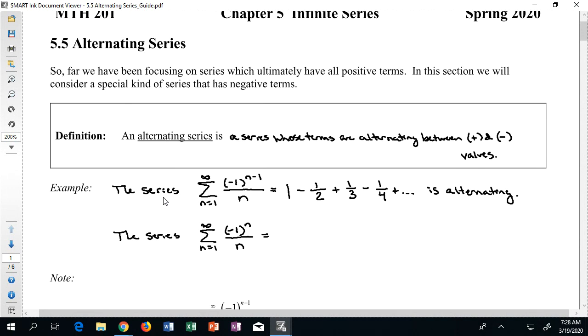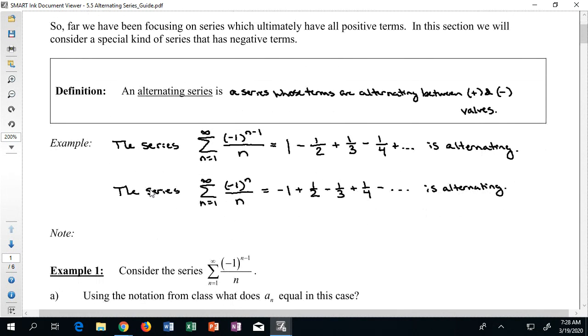Here, if I plugged in the value of 1, I would get negative 1, and then a positive a half, and then a negative a third, and then a positive a fourth. It's totally fine for my alternating series to start with something positive or something negative. It doesn't matter as long as I swap back and forth between these sorts of terms.